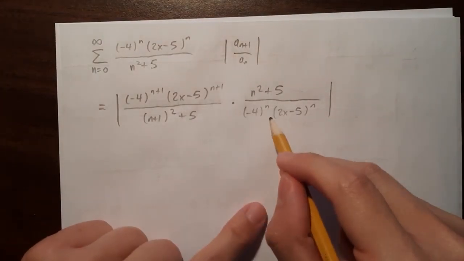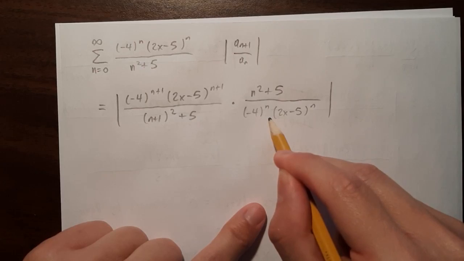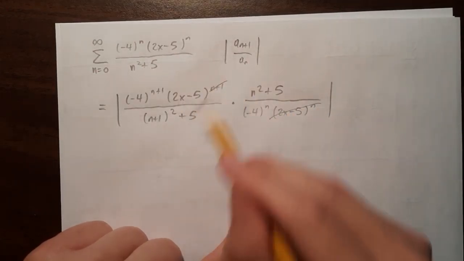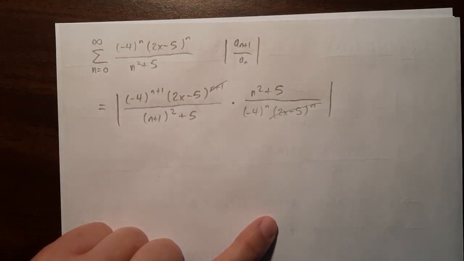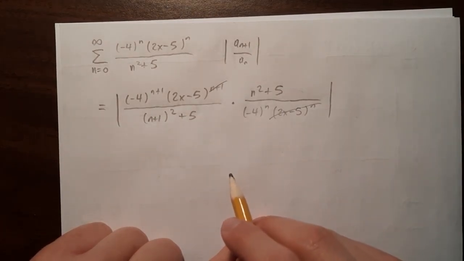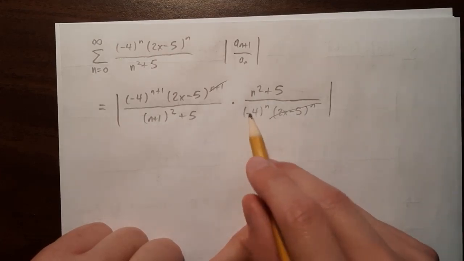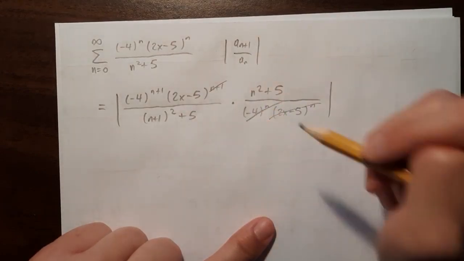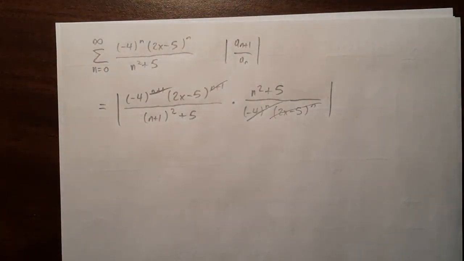All right, so as usual, we have the usual cancellation of the factor with an x in it. And what else do we have going on? So it looks like the -4 to the n plus 1 cancels almost entirely with this one, so this one cancels with all but one copy of the -4. So we have that as well, and I think that's all we can do for the moment.